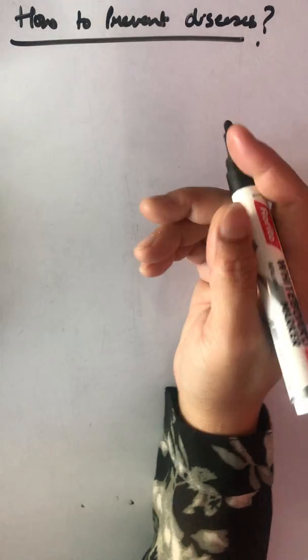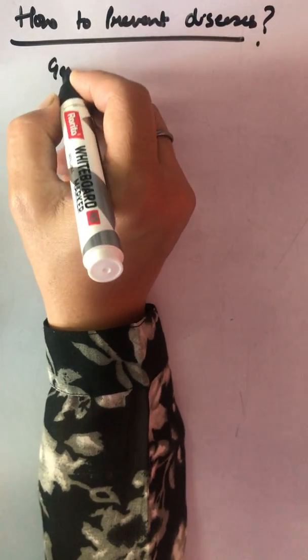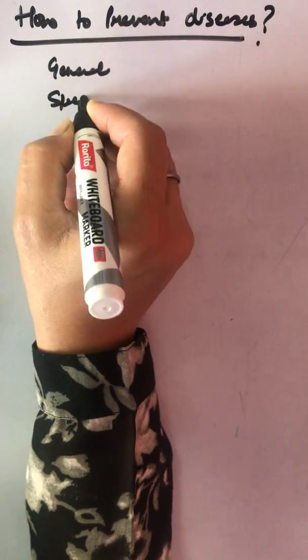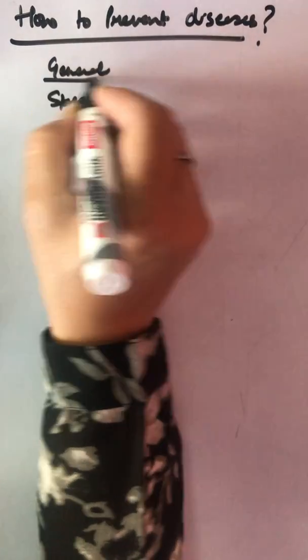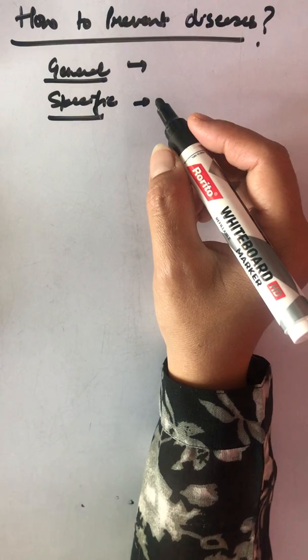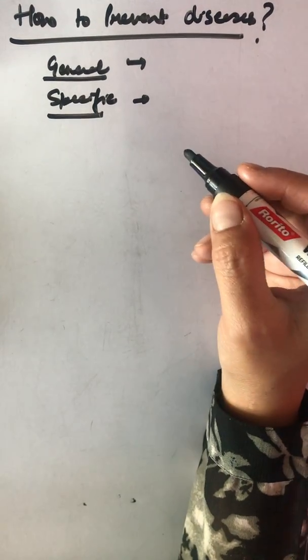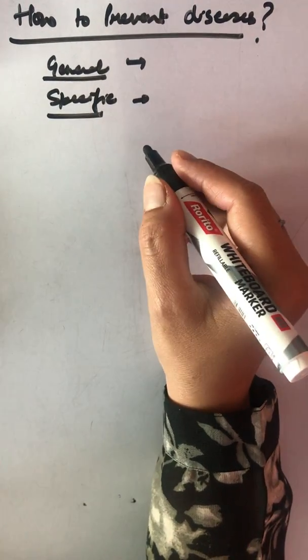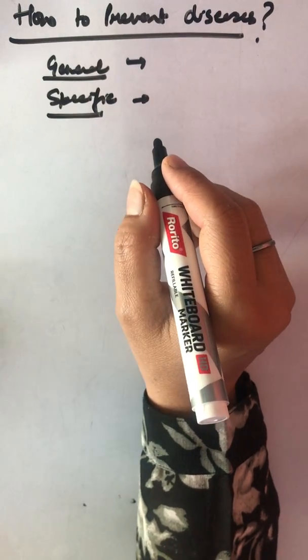There are many different ways, like general also, specific also. General are the common ways that we always use at home, the local ones. Specific is like taking some kind of injection related to some particular problem, that is the specific one.